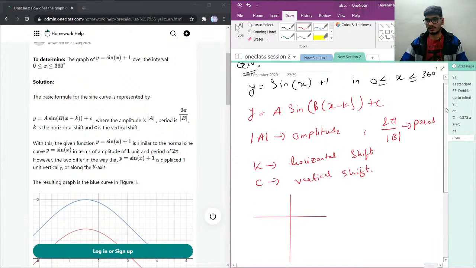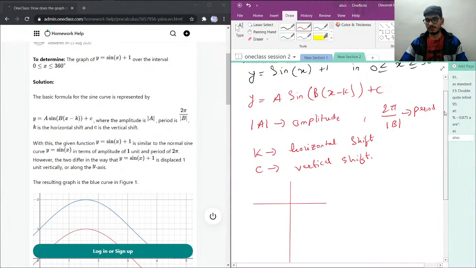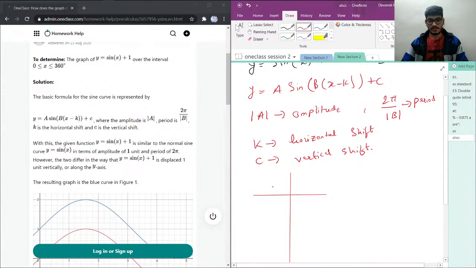Now my interval is from 0 to 360. So let's write x and y.